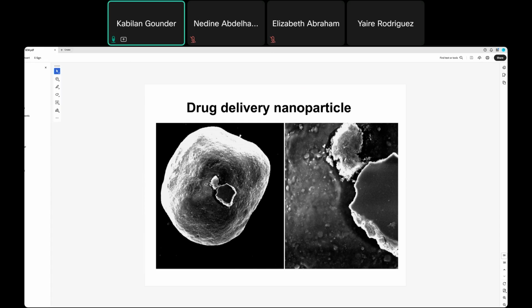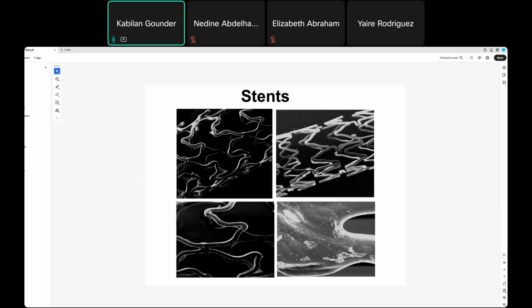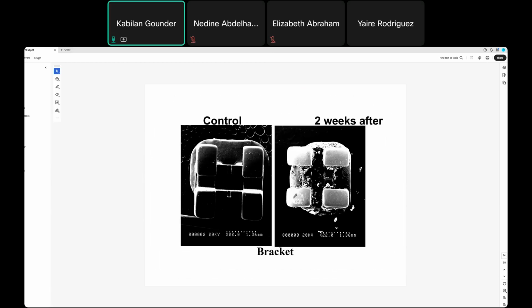So these are all important to the scanning electron microscope. Here we not only study biological samples, but also drug nanoparticles, stents, and other things.